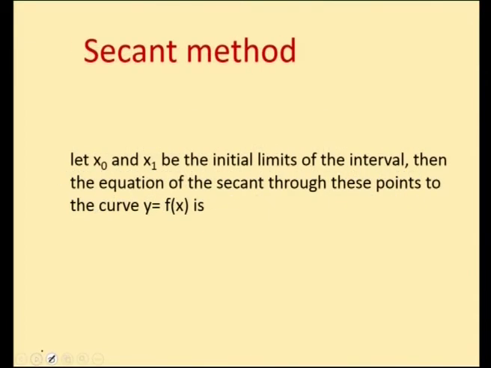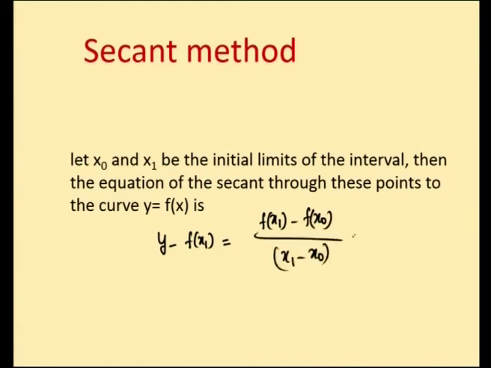First of all, take the initial limits x0 and x1 of the interval. Then the equation of the secant through these points to the curve y is equal to f of x is y minus f of x1 is equal to f of x1 minus f of x0 divided by x1 minus x0 into x minus x1.